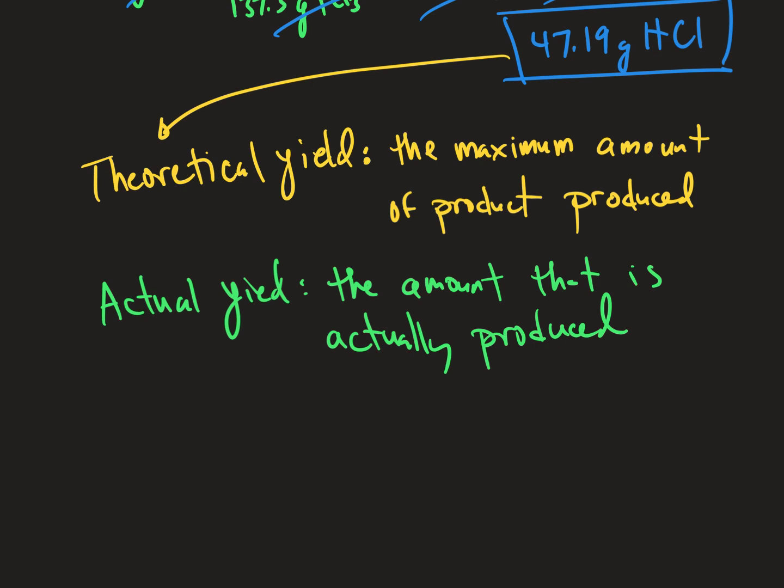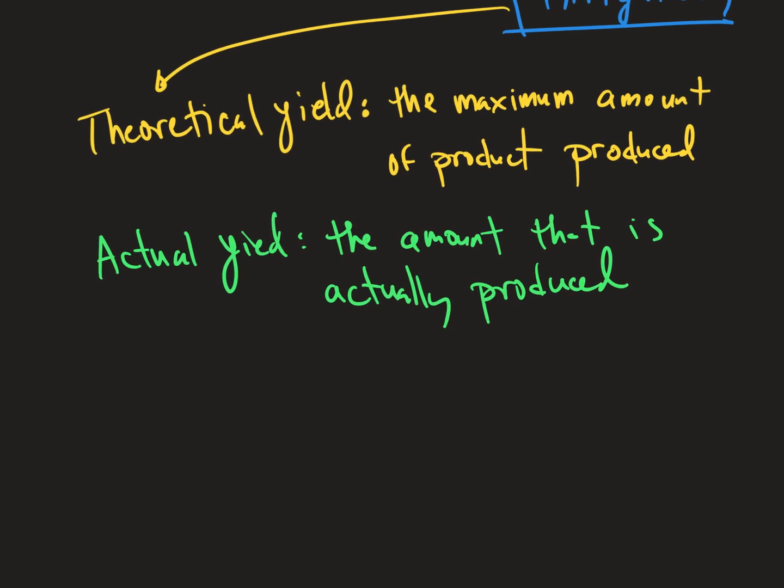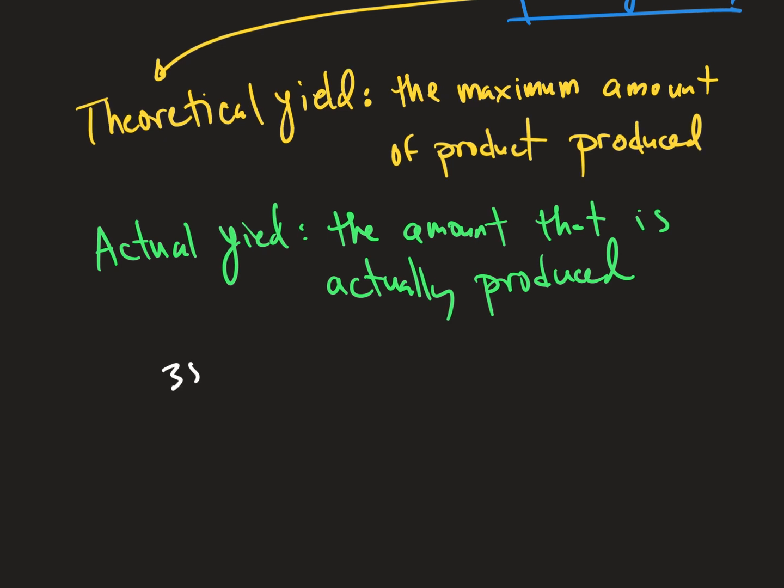Now, do you guys know how to calculate your percentage on a test? Your percent correct? Percentages are percentages. They're the same. No matter what it is, it's the same. So let's say we get 35 out of 40 correct on a test. How do we calculate our percentage?